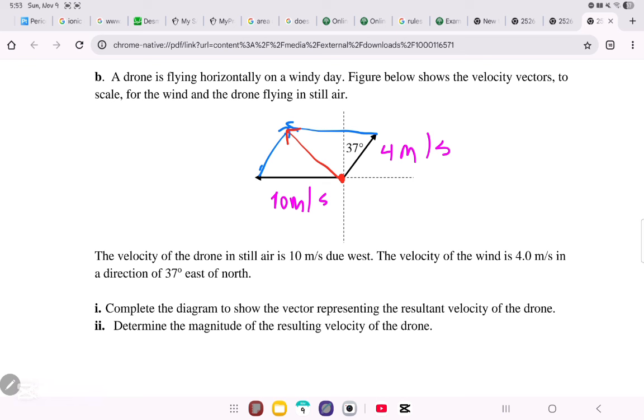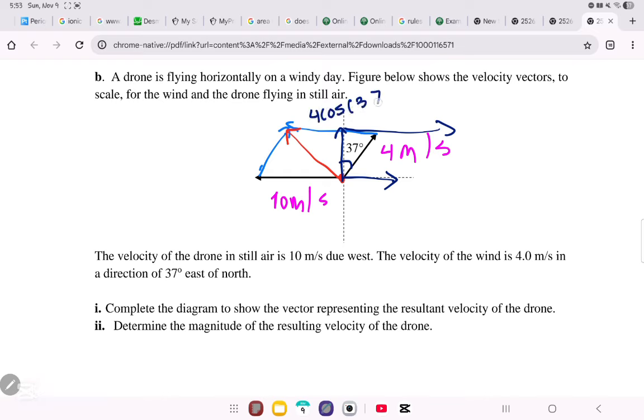Okay, now determine the magnitude of the resulting velocity vector. How do we determine this magnitude? Very simply, before we do anything, we need to resolve this one over here because it's at an angle. So we need to make its x and its y. How do we find the x and the y? The angle is over here. The y is adjacent to the angle, so the y is going to be 4 cosine 37.